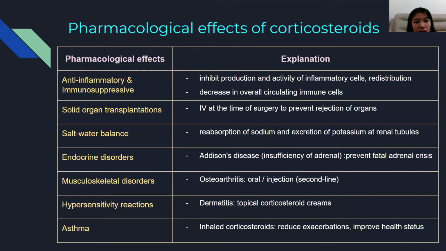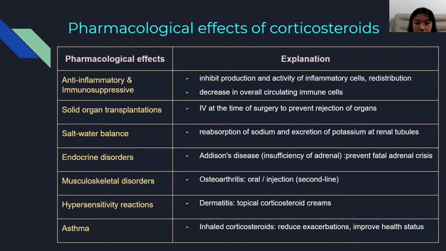The pharmacological effects of corticosteroids include the primary one, the anti-inflammatory and immunosuppressive action. The corticosteroids will inhibit the production and activity of the inflammatory cells and redistribute them to other parts of the body.